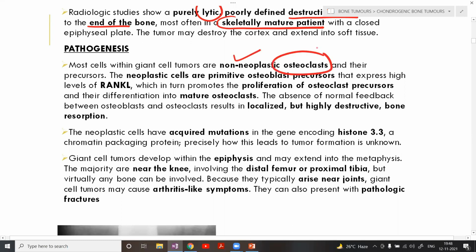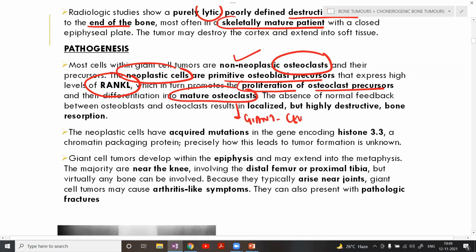So whatever giant cells that you see, they are not the tumor part. They are the non-neoplastic part, as I told you. The neoplastic cells are the stromal cells, which are the primitive osteoblast precursors, expressing increased quantities of RANKL ligand, which is promoting the proliferation of osteoclast precursors, and then their differentiation into mature osteoclasts, which are nothing but the giant cells.